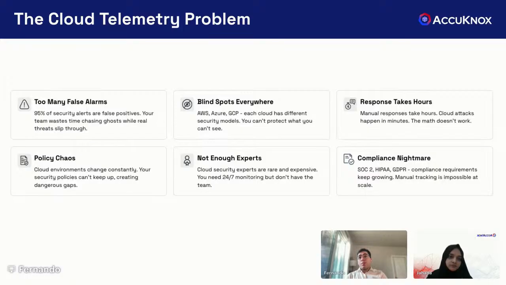So this is a very common problem, actually, which is the cloud telemetry problem. Once you have, for example, a CDR tool or a SIM, you have this problem of having a lot of false alarms, and those false positives can definitely put your effort in things that are not actually necessary.